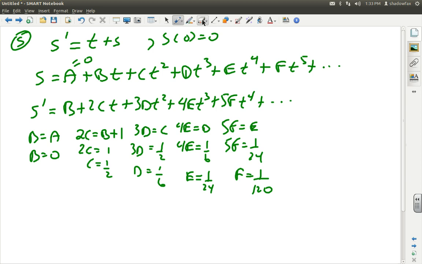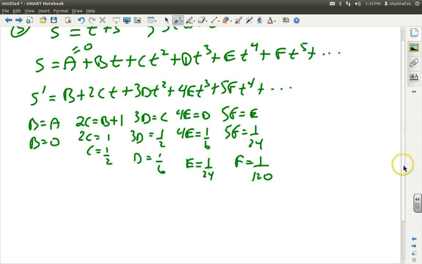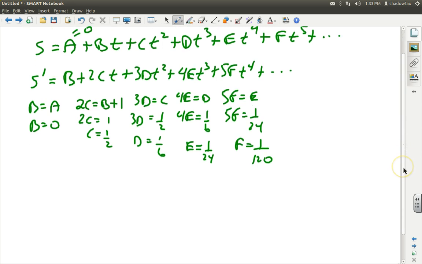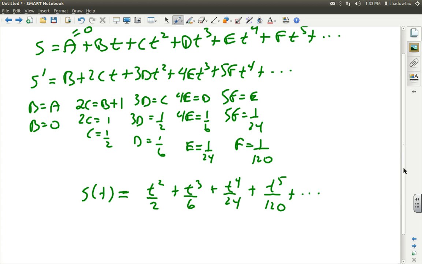Alrighty. So let's see what we get. So s of t is, let's see, a and b dropped out. They're both 0, right? So start with c, 1/2 t squared. Okay, so t squared over 2 plus t cubed over 6, 3 factorial, plus t to the fourth over 24, e t to the fourth, yeah, plus t to the fifth over 120, plus, doesn't this sound familiar?